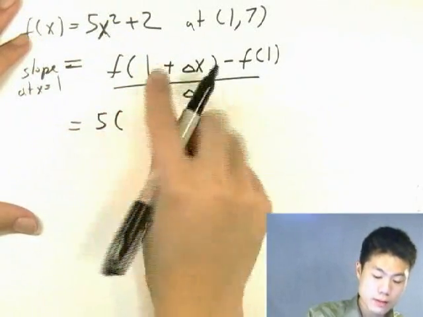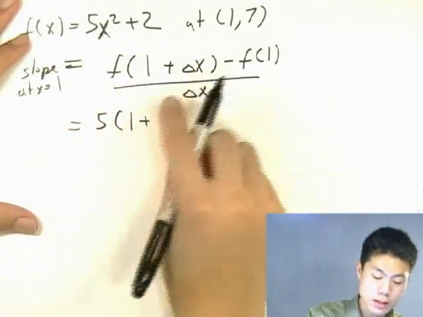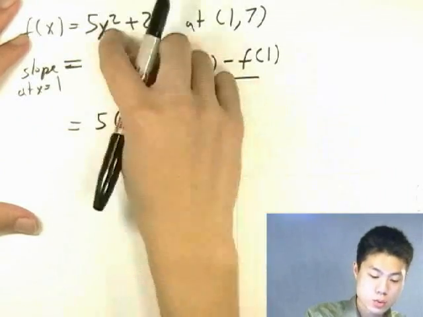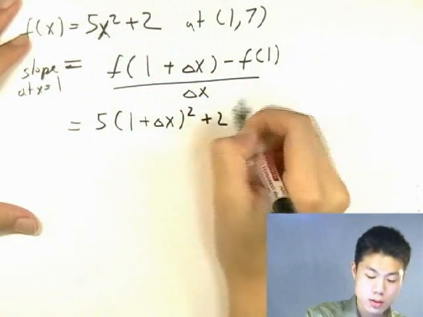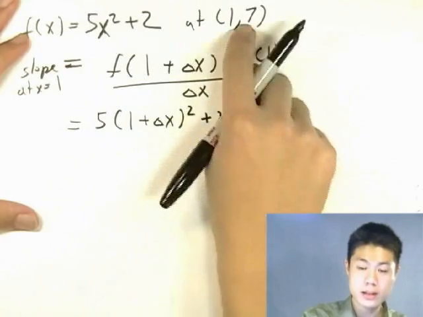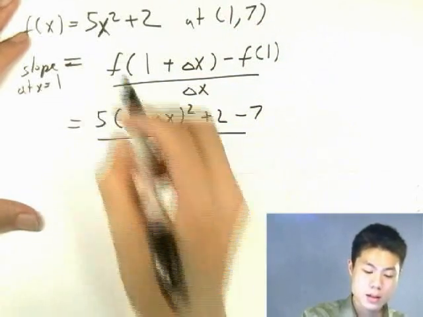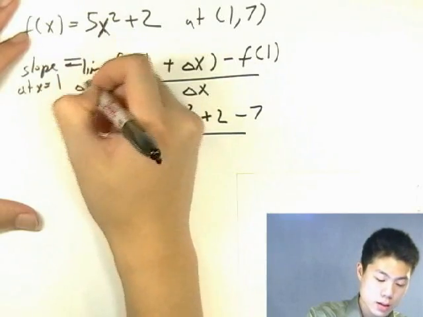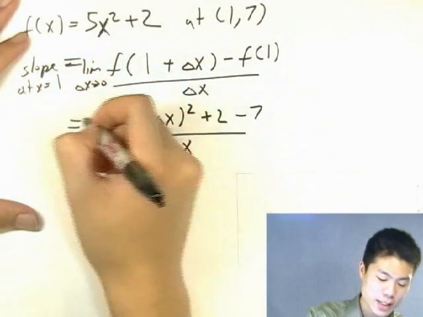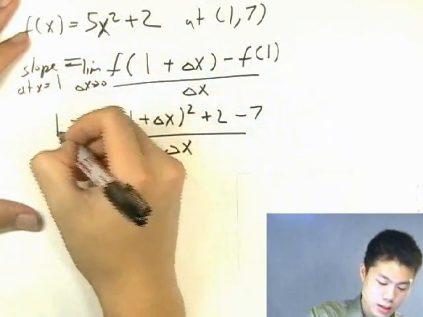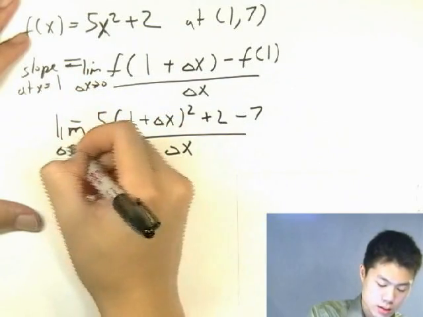So 5 times 1 plus delta x squared plus 2, and then f of 1 is 7, so minus 7 all over delta x. And don't forget to write in the limit notation. It's important that you write that in.